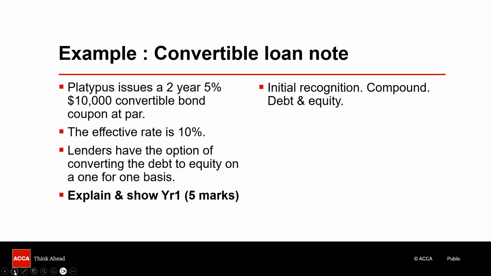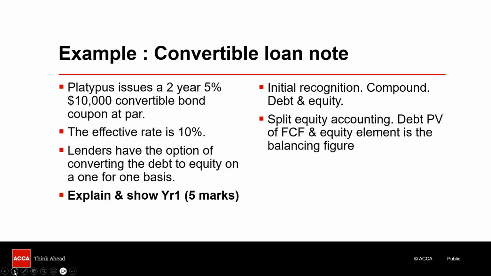This obviously would have to be slightly polished and developed. The initial recognition of the $10,000 in respect of a convertible loan note has to be split into its debt and equity components. It's a compound, a complex financial instrument.